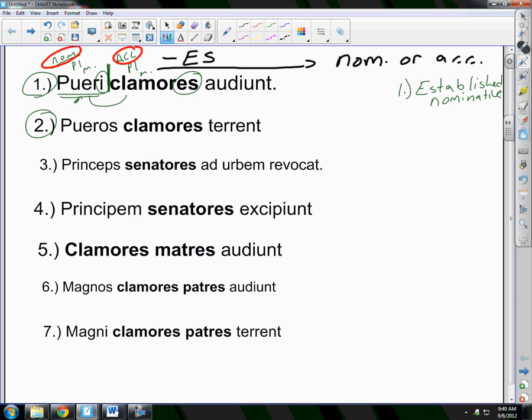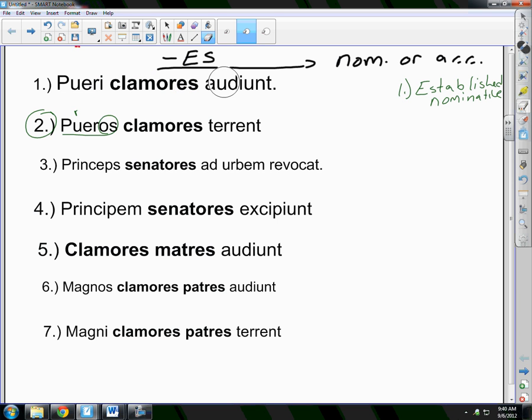Sentence number two. As I get to pueros, I look at the -os, and I notice that that is accusative. Let me erase this other stuff so we're not confused by it. When I see pueros, I see accusative, plural, masculine.